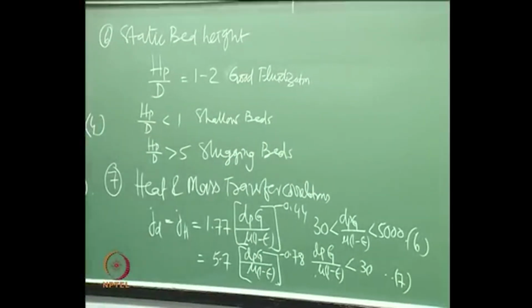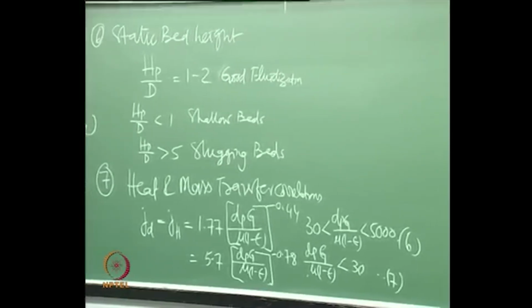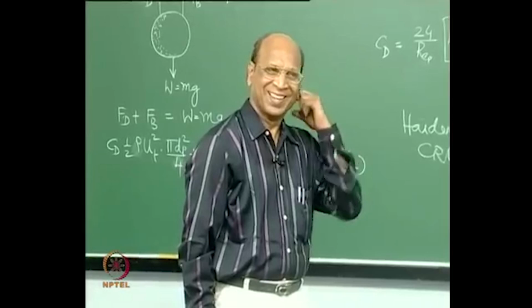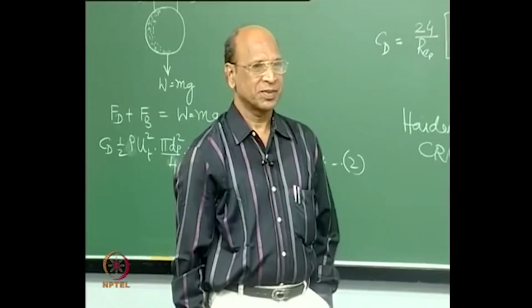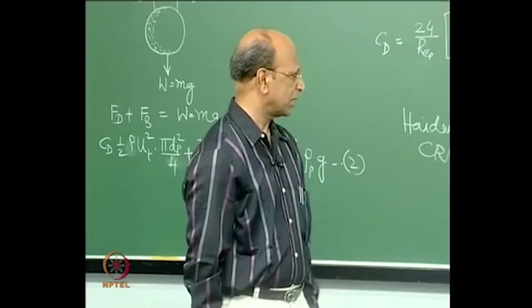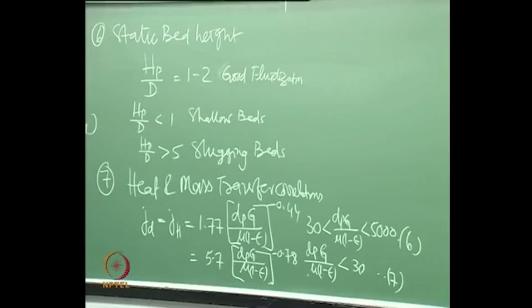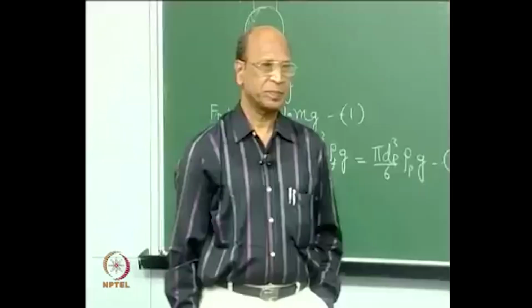Okay. Renita, do you remember what that number is called? d p g by mu, is it dimensionless? Reynolds? No. Why is that a dimensionless number? What are the units of that? What is d p? What is g?